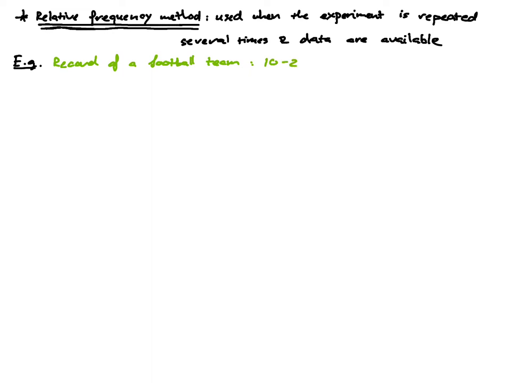Right, so according to this, the probability of getting a win is going to be equal to 10, which is the number of wins that you observe, divided by 12, which is the total number of repetitions of the experiment. Okay? And then the probability of getting a loss is equal to 2/12.